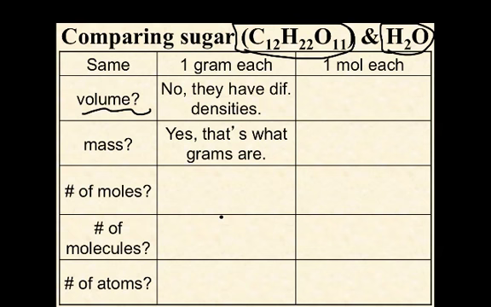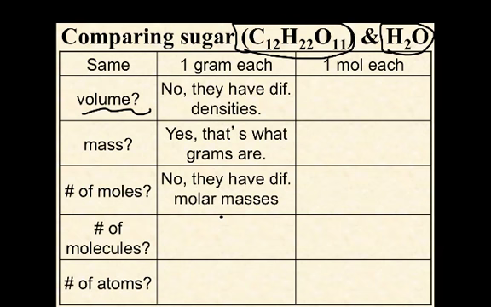Now what about moles? 1 gram of each. Does that have the same number of moles? No, because each molecule has a different mass, right? So if I'm weighing out the number of grams, then I'm going to have fewer particles of sugar because each particle itself weighs more than 1 particle of water, 1 molecule of water. All right, how about the same number of molecules?